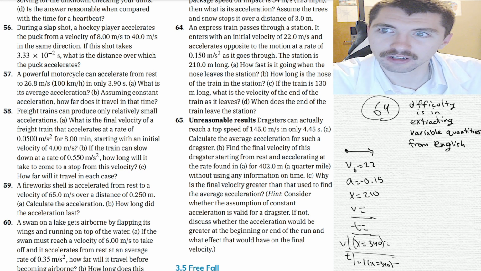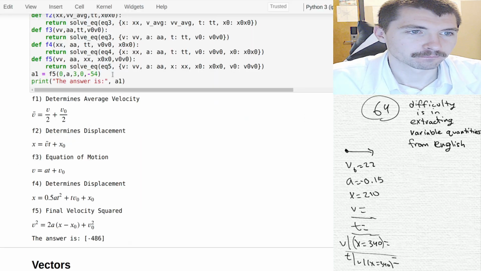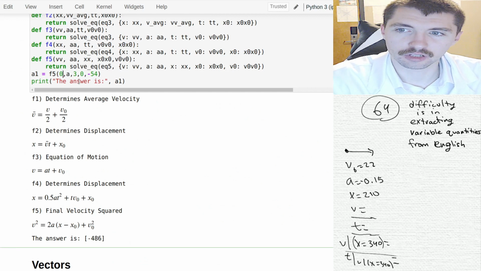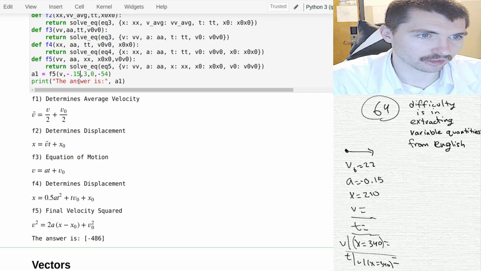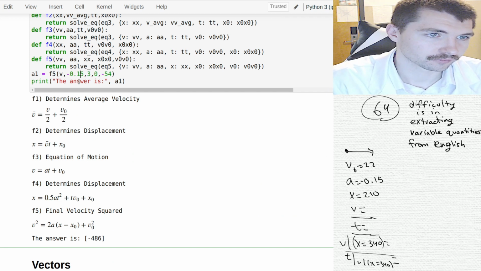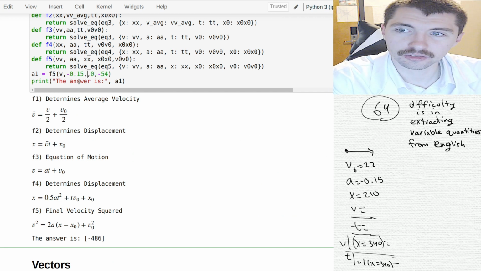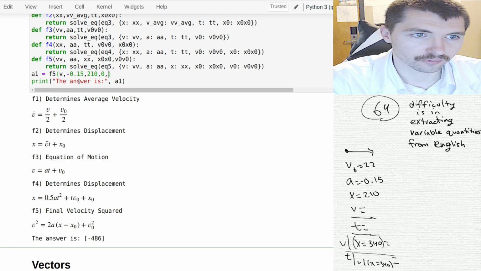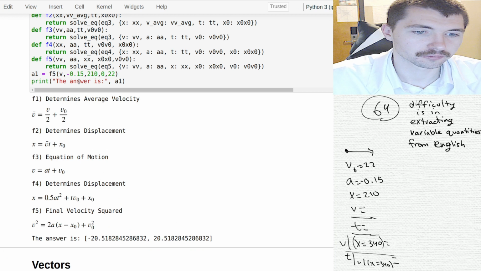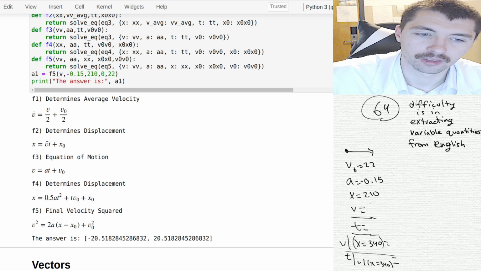I don't think I need to write that though. Alright, so we're going to do F5. We're solving for V. A is negative 0.15. X 210. X not 0. V not 22. So we're going to get, I think it will be 20.5.